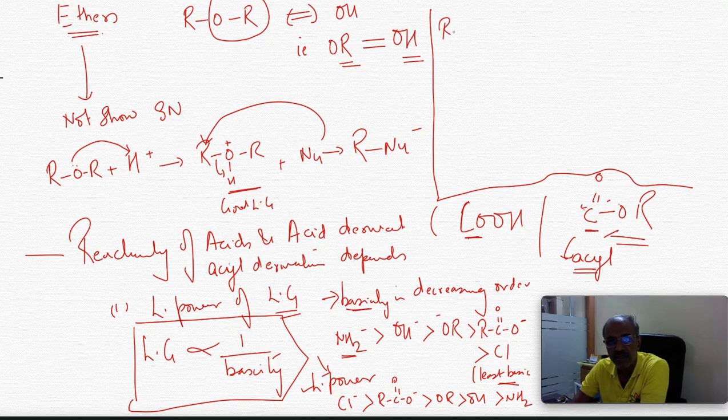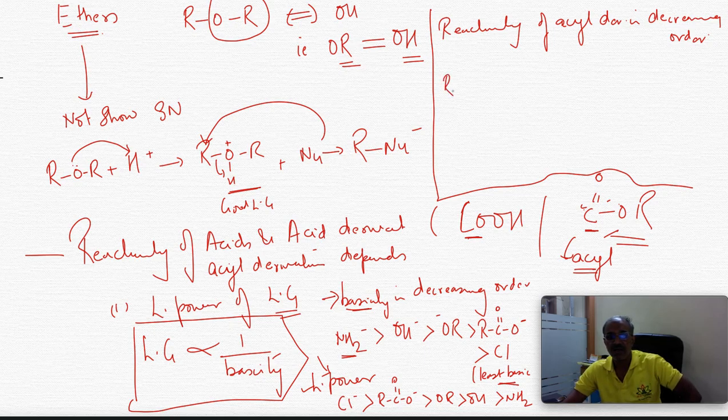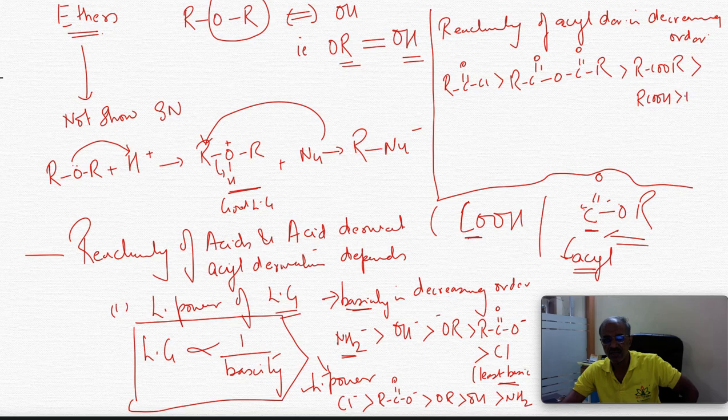So the reactivity of the acyl derivative in decreasing order: RCOCl will be more than RCO-O-COR, that means anhydride, which will be more than ester, which will be more than acid, which will be more than amide, RCONH2.